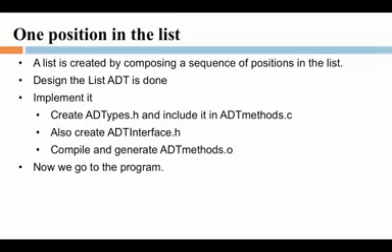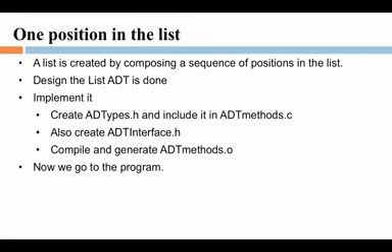Now, as you can see in the previous slide and in the last lecture, we have finished the design of the list abstract data type. Now we move on to implementing it. As we discussed in the previous lecture, we are going to use features of the C programming language. We are going to define appropriate header files and appropriate files where the methods are implemented.